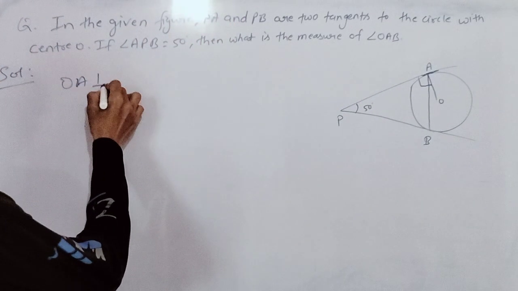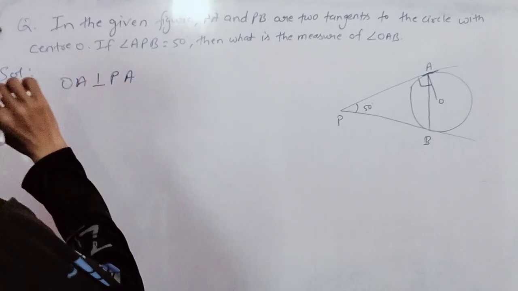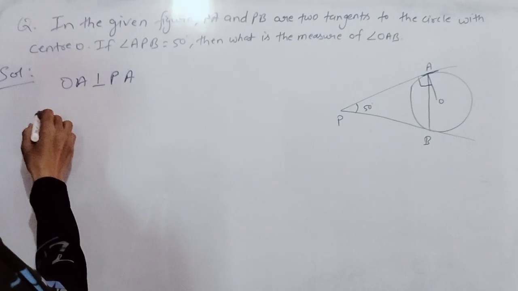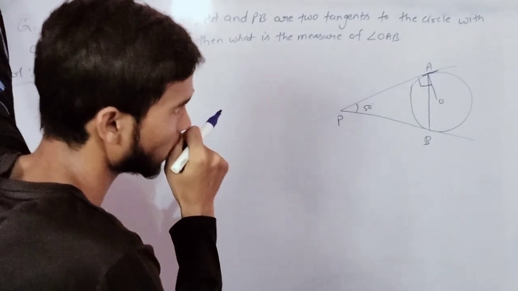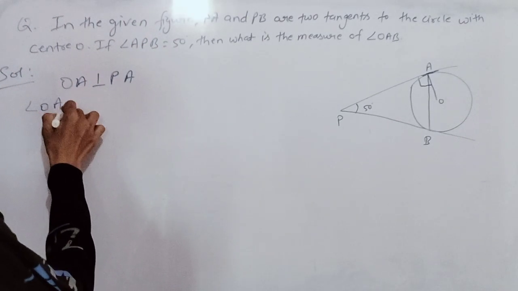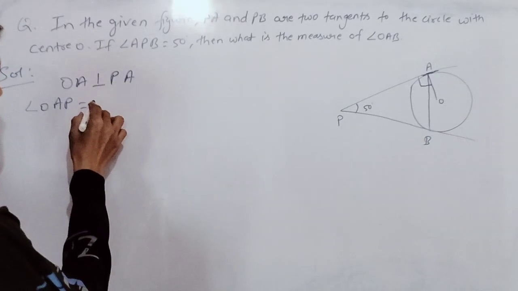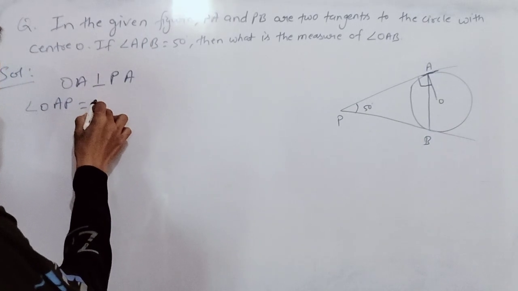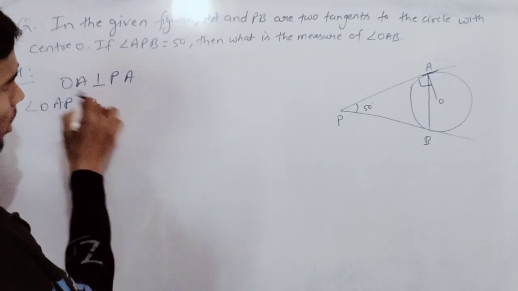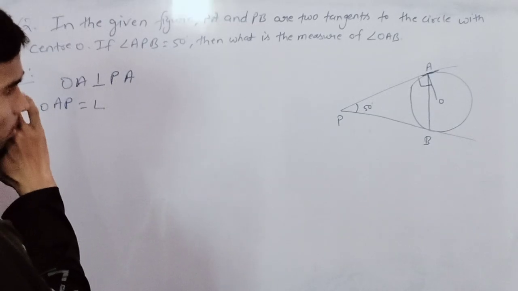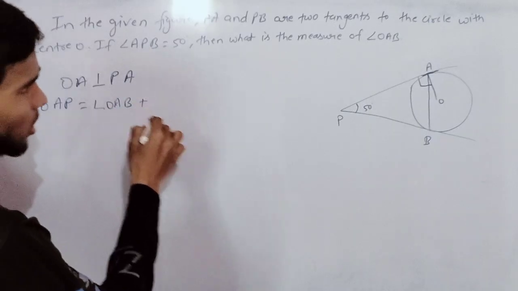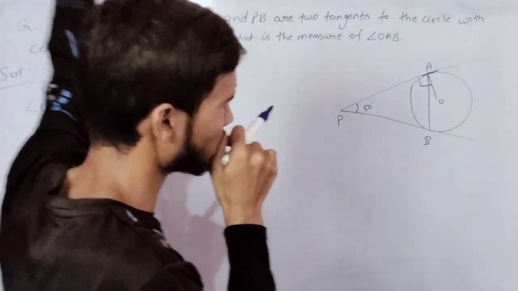OA is perpendicular to PA, in which angle OAP is equal to angle OAB plus what?